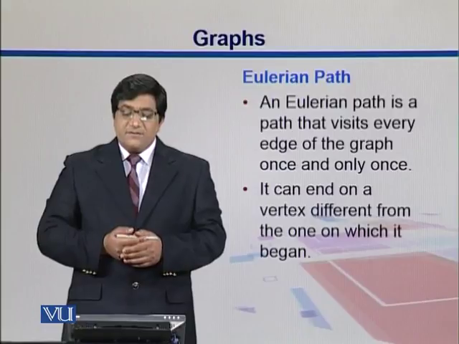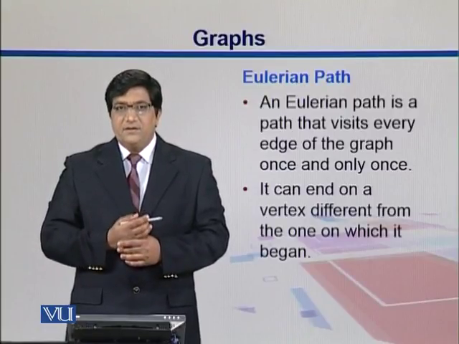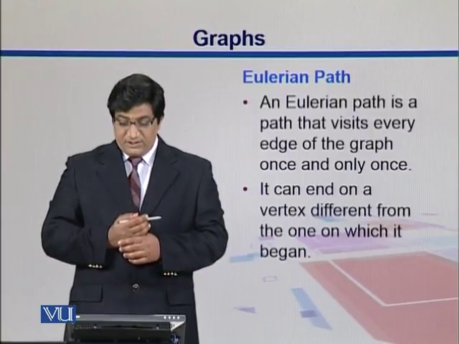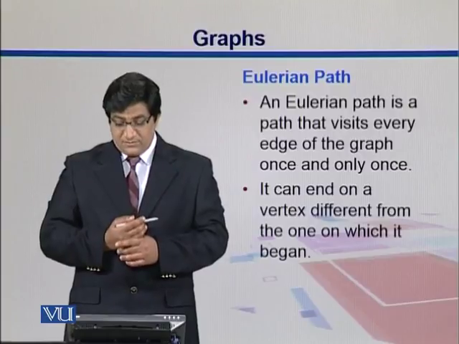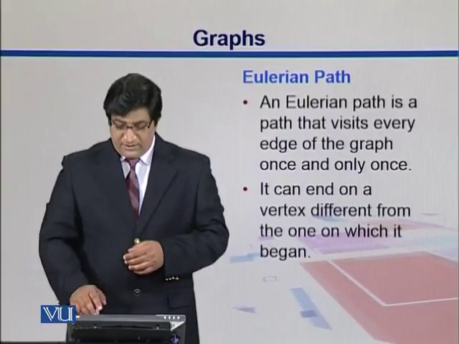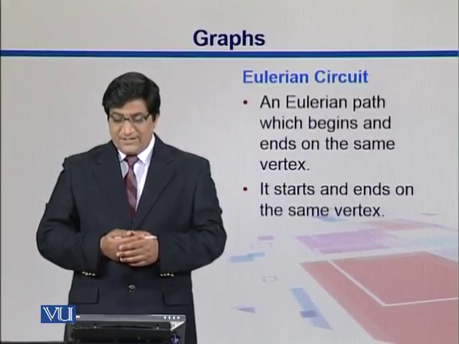A Eulerian path is a path that visits every edge. Previously we saw every node; now we are talking about every edge. It visits every edge once and only once, and it can end on a different vertex. In the same way we can have a Eulerian circuit, a path which begins and ends on the same vertex.